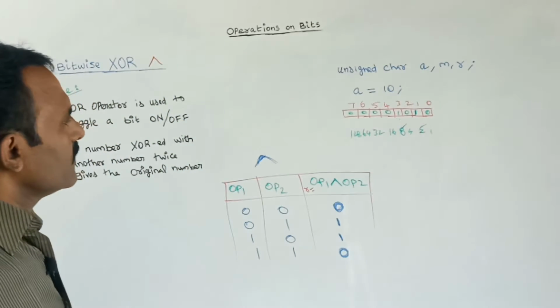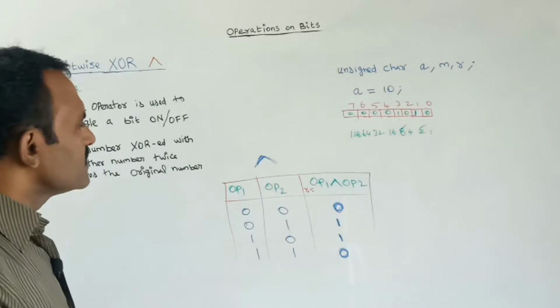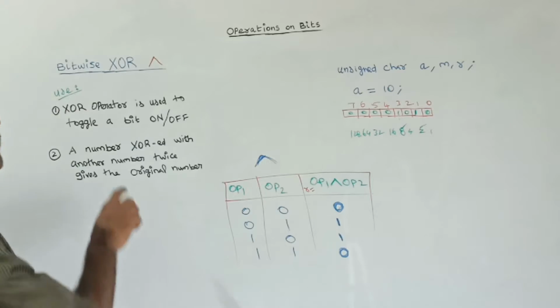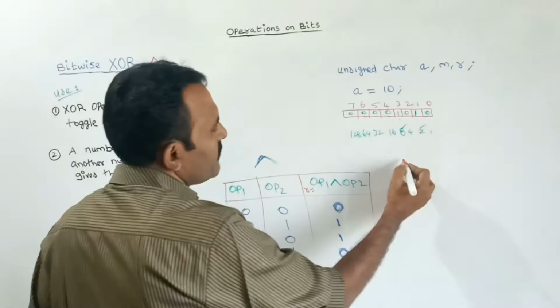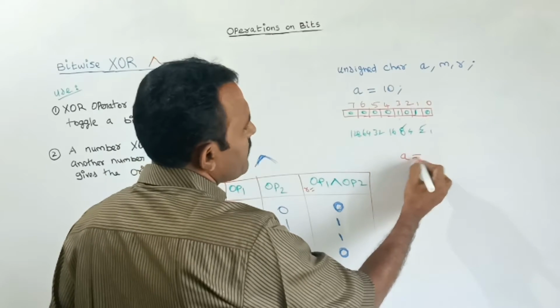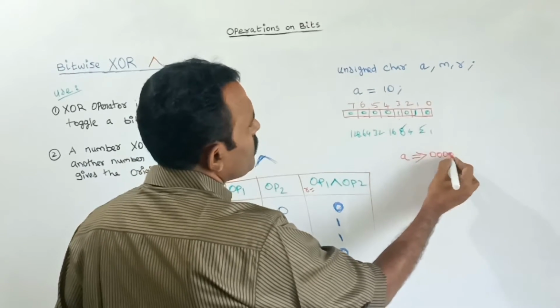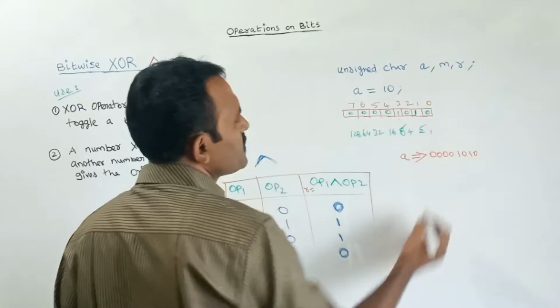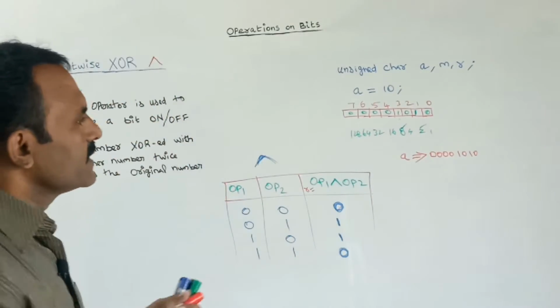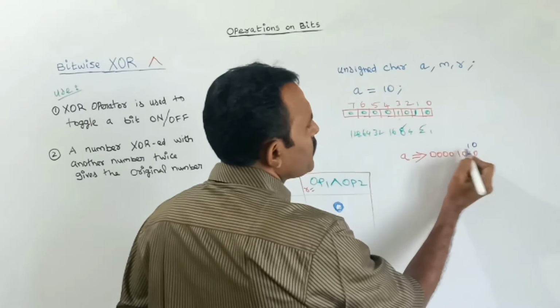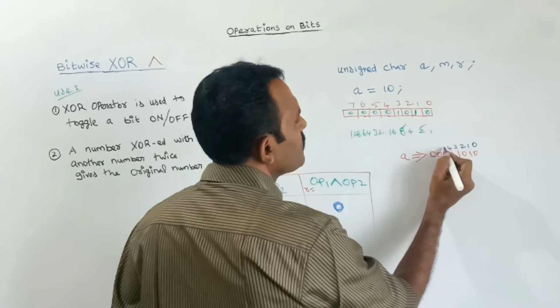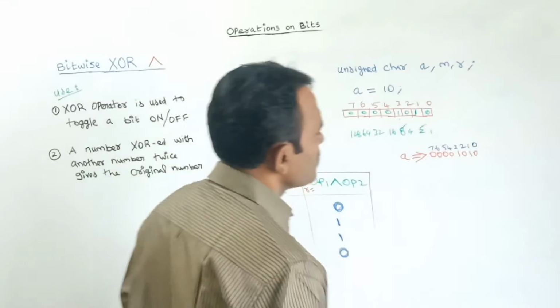Now let us see how to change a bit value on or off. For A, this is the binary value, 1010. Here are the positions: 0th position, 1st position, 2nd, up to the 7th position.